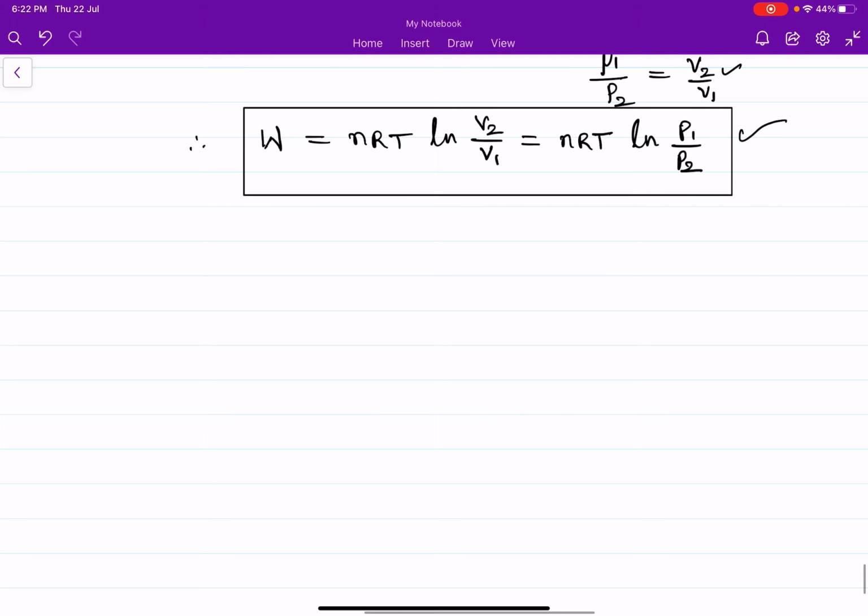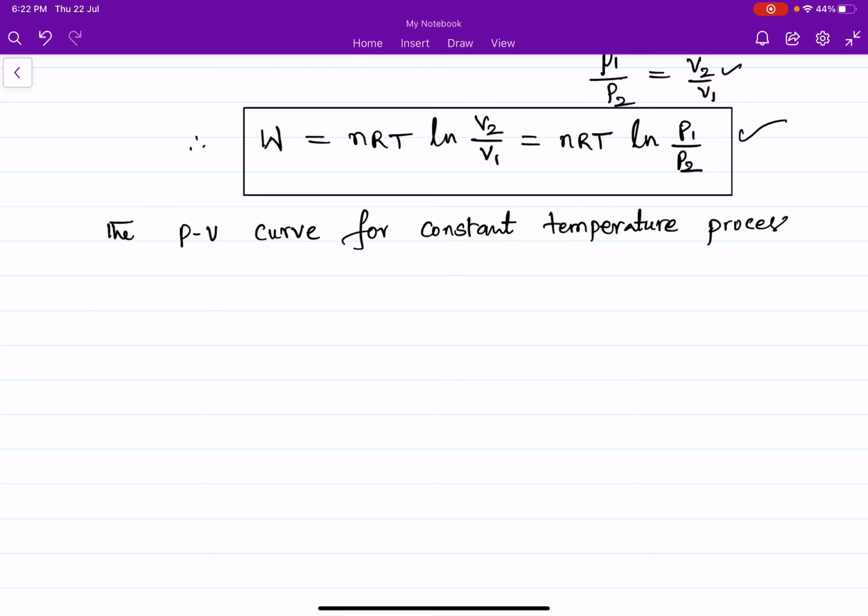And see here, the PV curve for a constant temperature process, that is an isothermal process, is called an isotherm. At constant temperature, the PV relation will look like this.